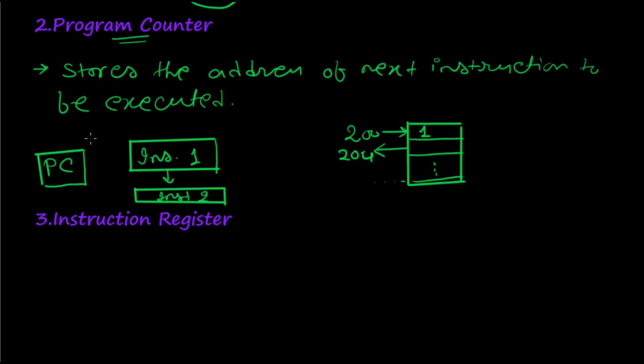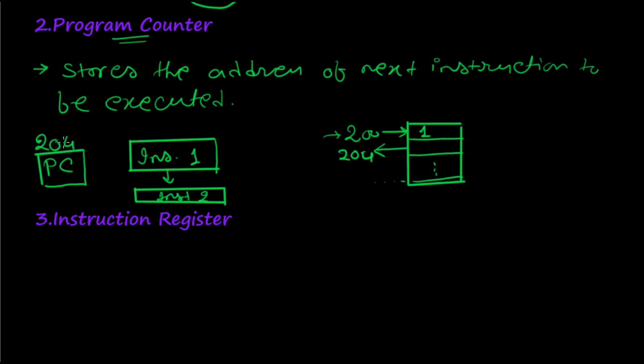Earlier, when the instruction at location 200 needed to be executed, the program counter was holding 200. Now after instruction 1 execution is finished, the program counter will be updated and the new value will be stored in the program counter. So currently 204 is inside the program counter.